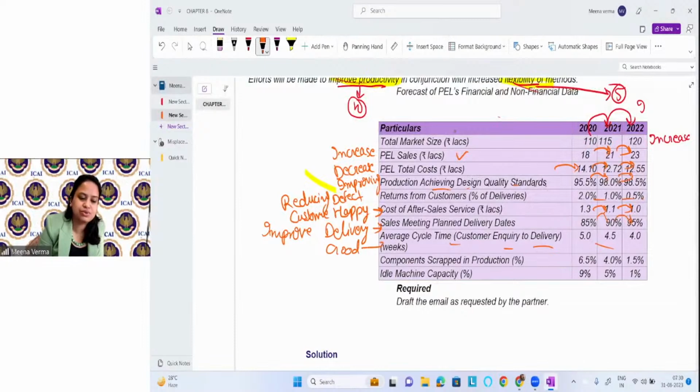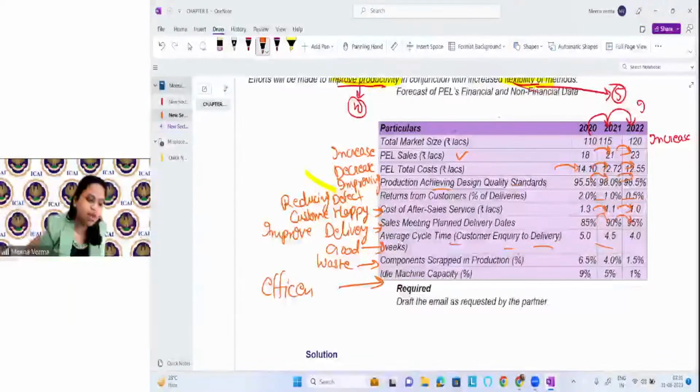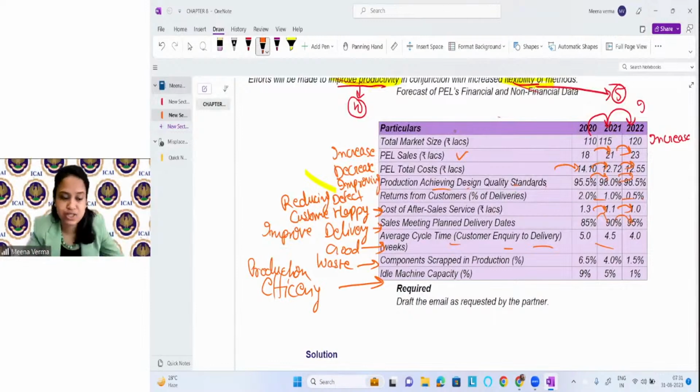Delivery time is reducing. Cycle time is reducing. Scrap or waste. Wow, reducing. Waste reducing. Machine capacity, that is production efficiency, is improving. Production efficiency is improving. Everything is positive here.